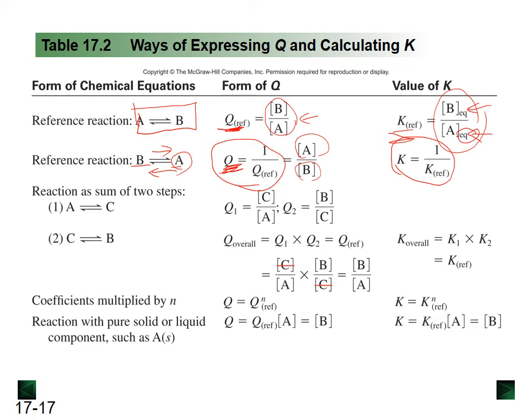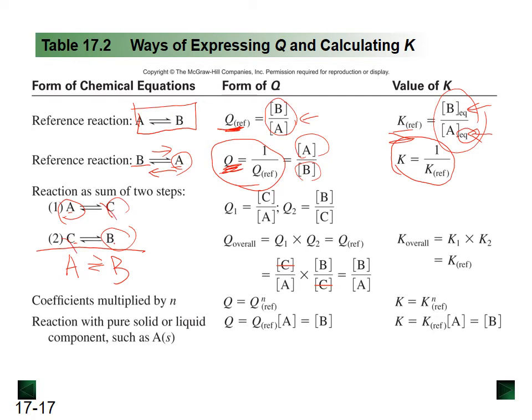Now, if a reaction is a sum of several steps, for example, here A goes to C and then C goes to B, the overall reaction is A goes to B, because you start with A, you end up with B, and C is the intermediate. They cancel each other.